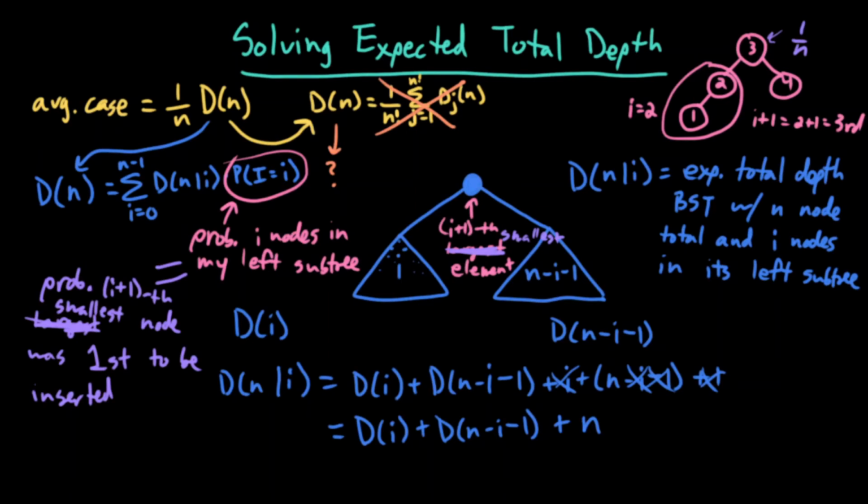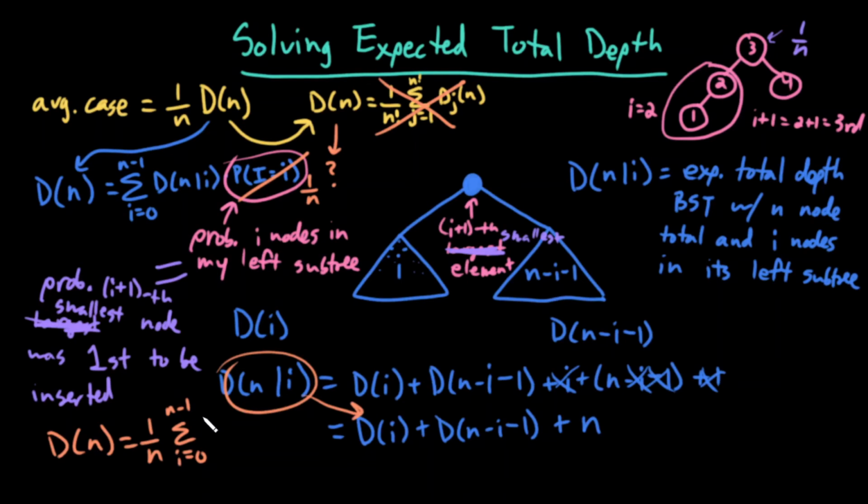So, to finish this off, I can rewrite this as d of n equals, this probability is just 1 over n. I can pull it out. This is 1 over n times the sum from i equals 0 to n minus 1 of this term, d of i plus d of n minus i minus 1 plus n.